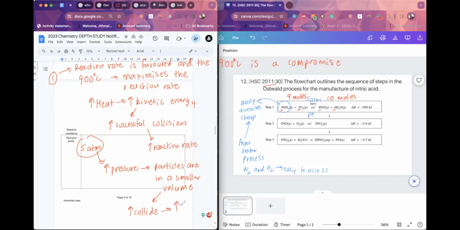This would increase reaction rate. So despite there being 9 moles on the left and 10 moles on the right, which would normally mean that you use a lower pressure, they've chosen to use a higher pressure to favor the increase in reaction rate for the first step.